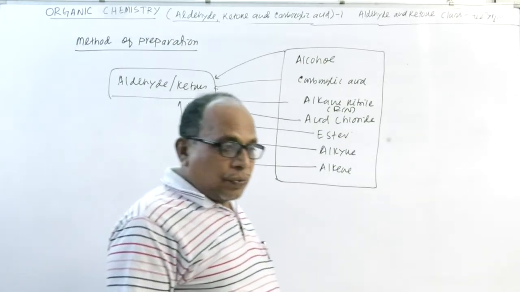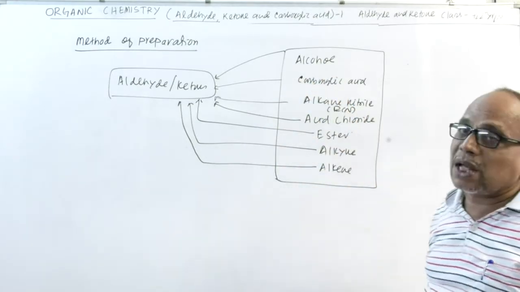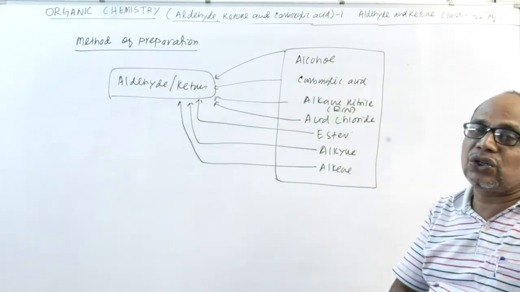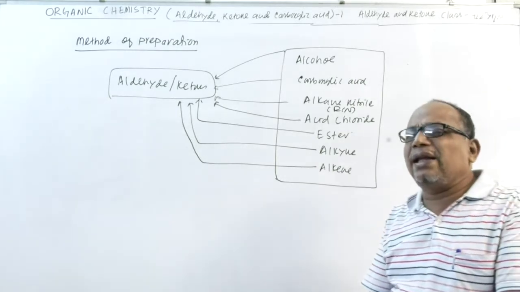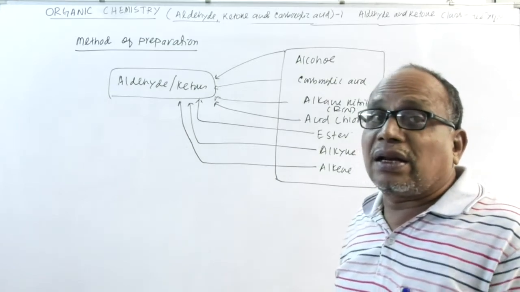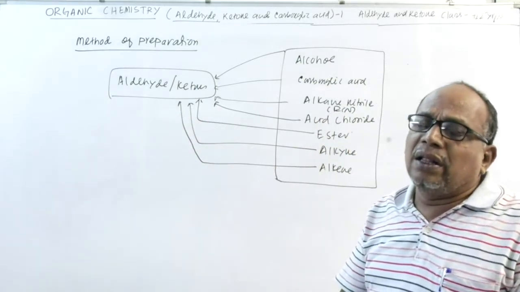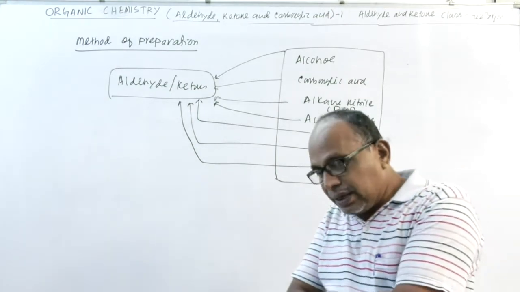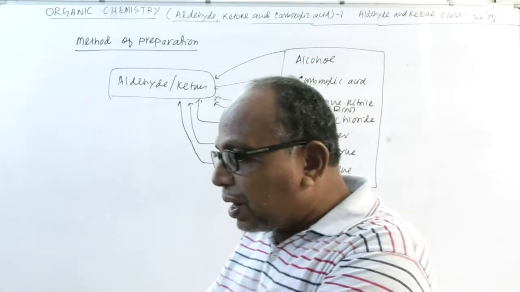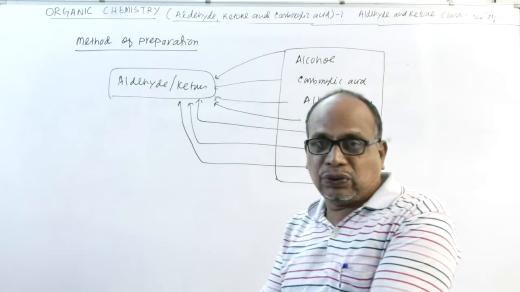Means we can convert this class of organic compounds, alcohol, carboxylic acid, acid chloride, ester, nitriles, alkyne, alkene, all are converted into what? Either alcohol or the aldehyde or ketone. And we have already seen how the alcohol gets converted into aldehyde and ketones.